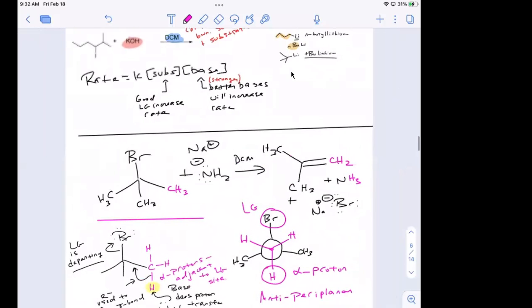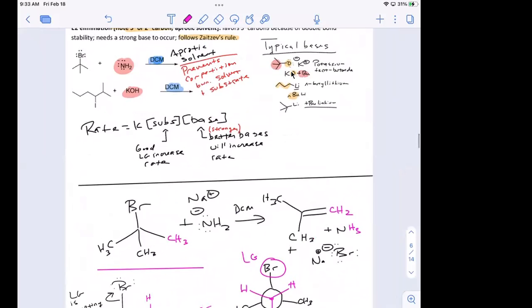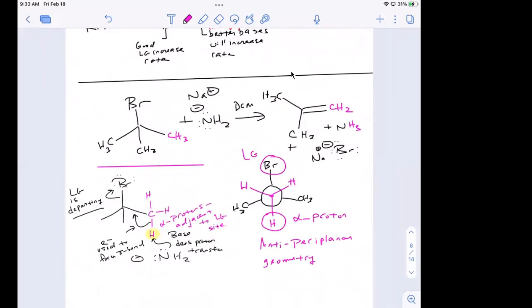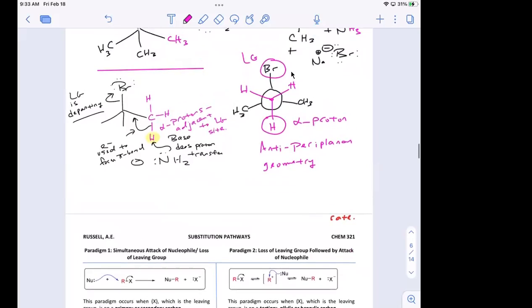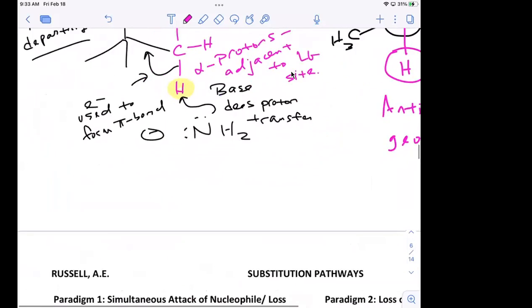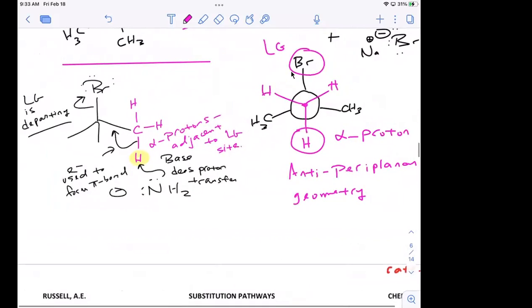All right, but let's look at the second example, and we're going to use that to talk about a couple of other things. Before we do that, let me give you an idea of what the transition state for this looks like.